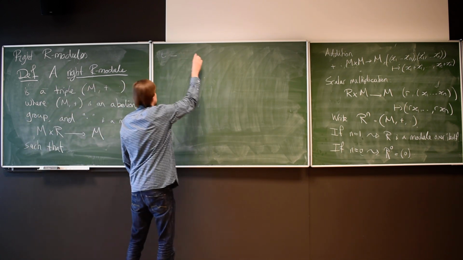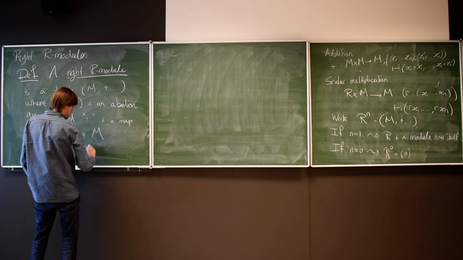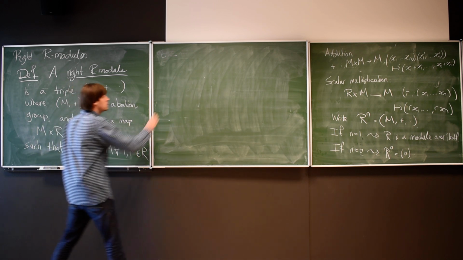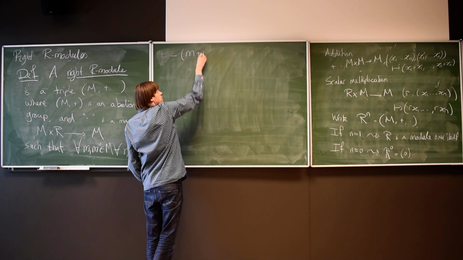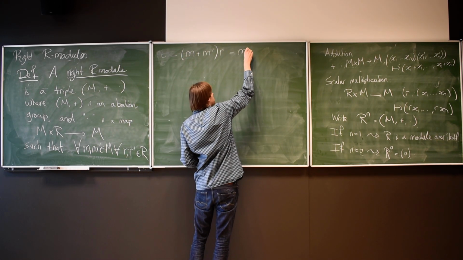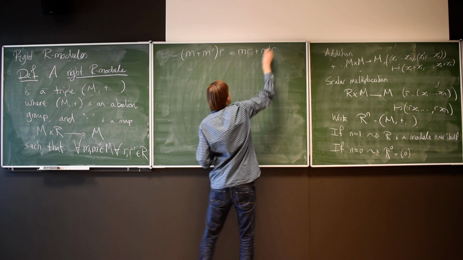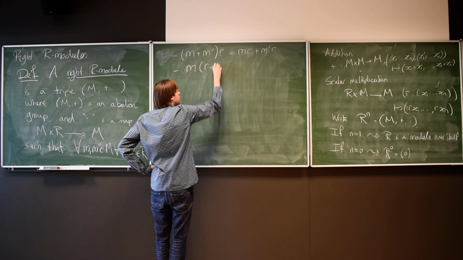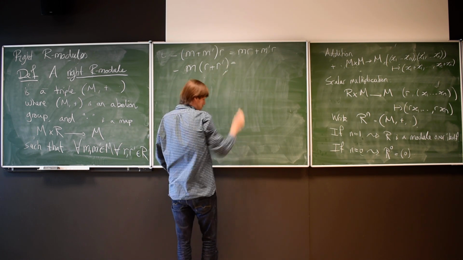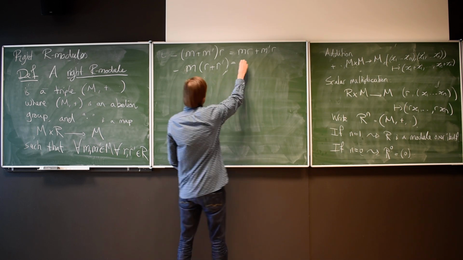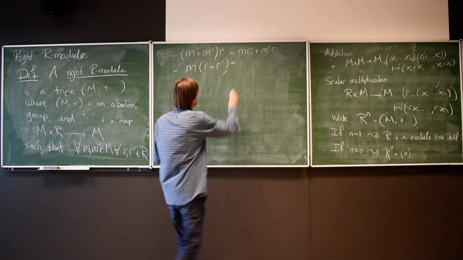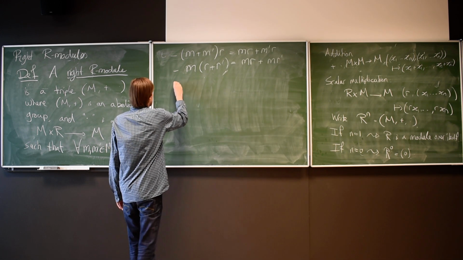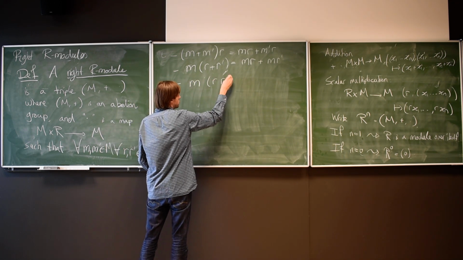So such that for all m and m primed in M and all r and r primed in R, we have again the usual distributive property: m times (r plus r primed) equals mr plus mr primed, and m times (r r primed) equals (m r) r primed.